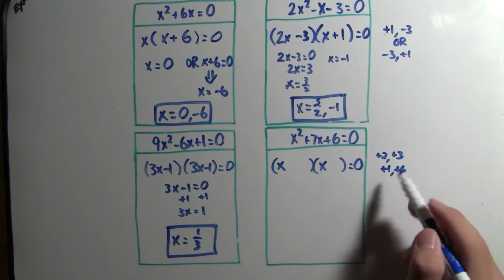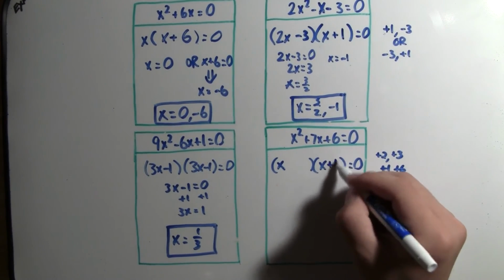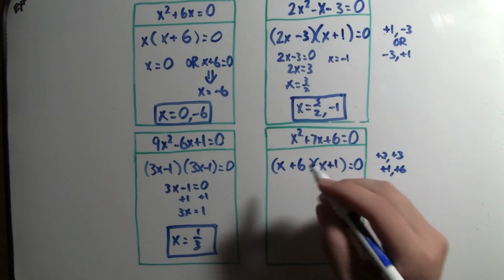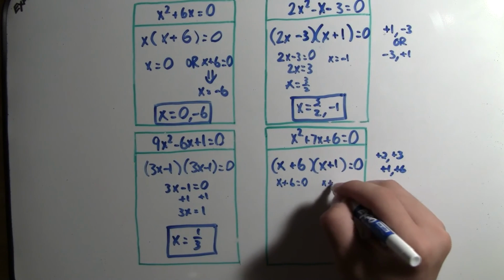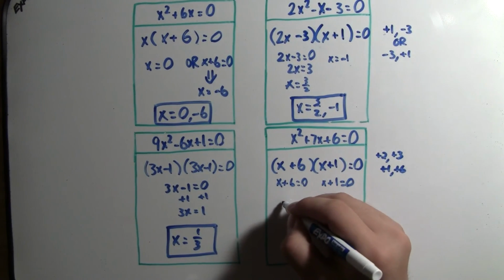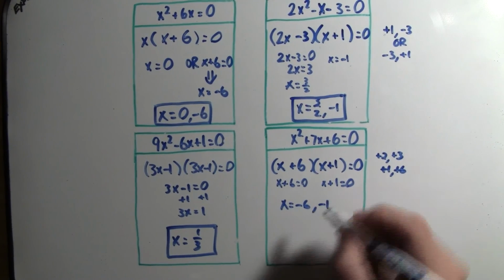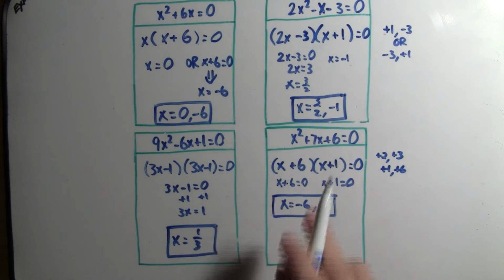That's the middle term. So the only way for that to happen is if you have plus 1 and plus 6. And so those are your two factors. And you have x plus 6 equals 0, and x plus 1 equals 0. And you're left with x equals negative 6, or x is equal to negative 1. So these are your two different solutions for this particular quadratic equation.